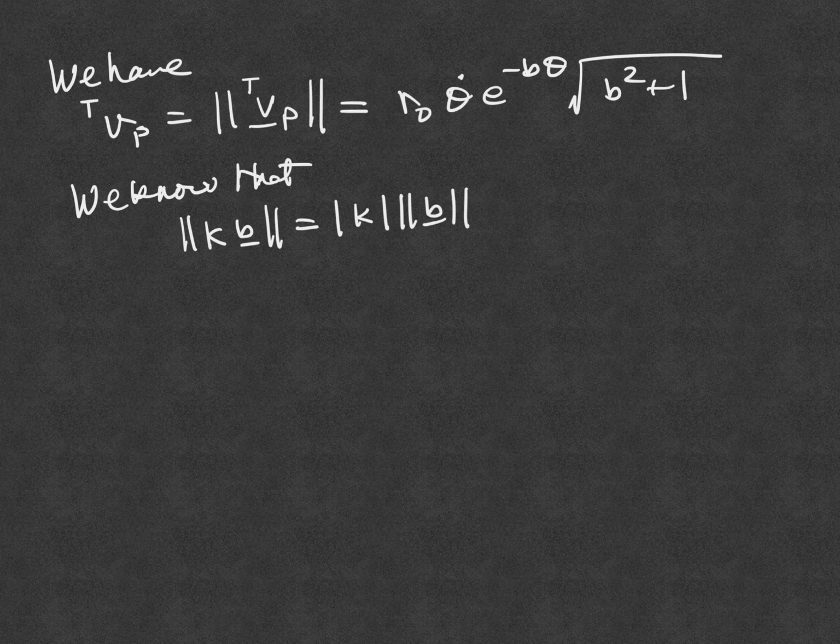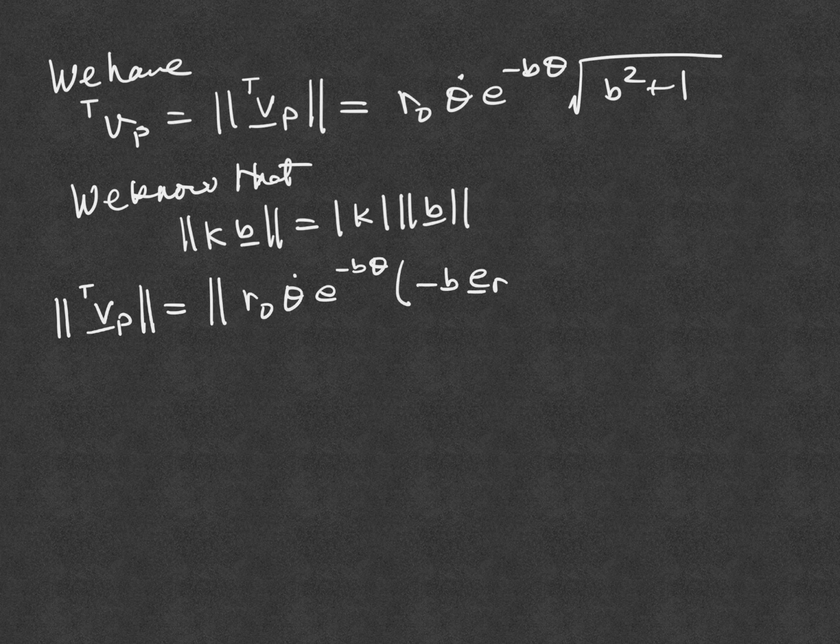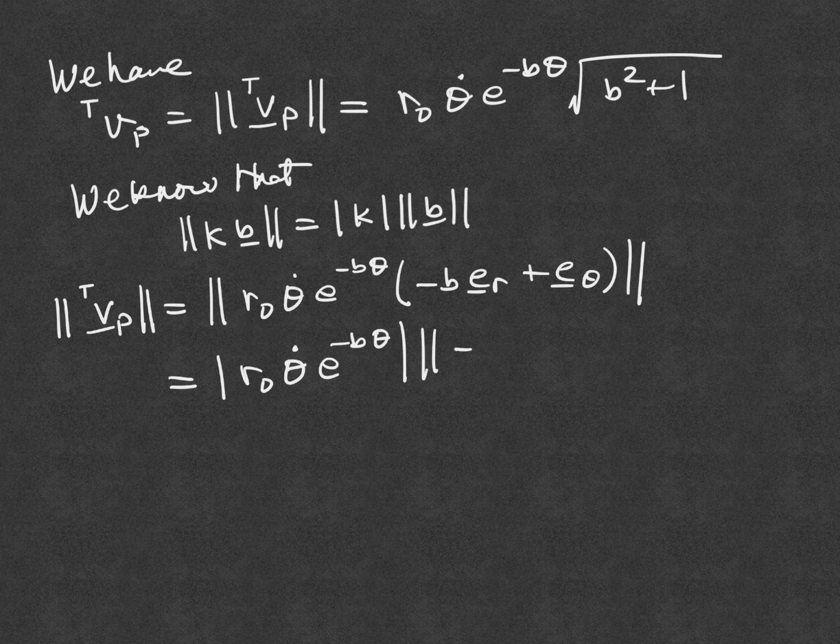So in this case, what we have is that the magnitude of vp in t is equal to the magnitude of r0 theta dot e to the minus b theta times minus b er plus e theta, which is equal to the absolute value of r0 theta dot e to the minus b theta times the magnitude of minus b er plus e theta.